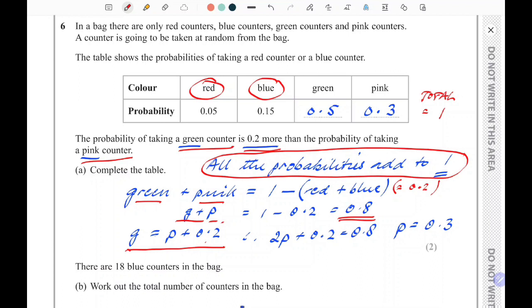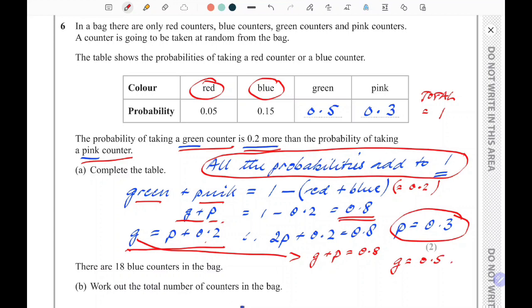So substituting that, we know that if we convert that into G plus P must equal 0.8, and substitute the G into there, then we get 2p plus 0.2 must be 0.8, and therefore p is 0.3, and G equals 0.5, all right? And that's what we put back into the table.